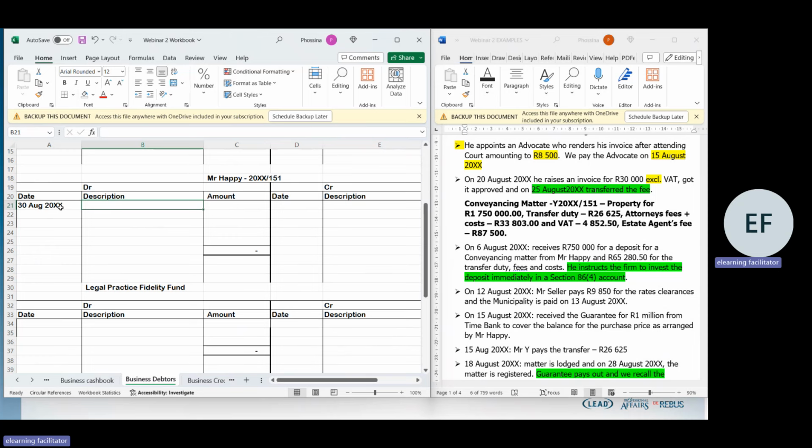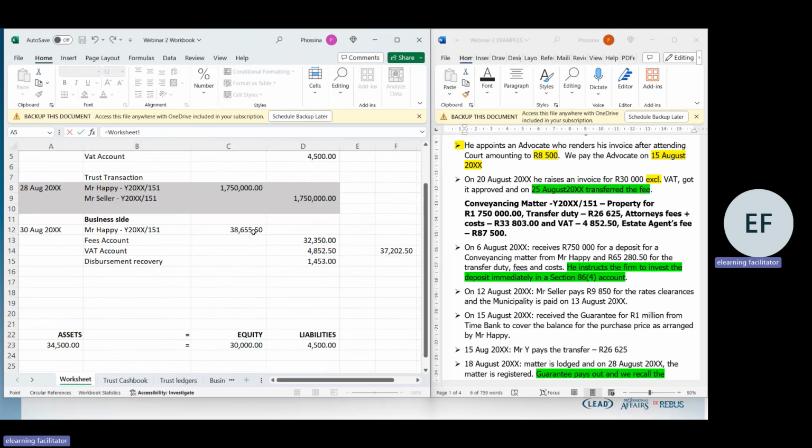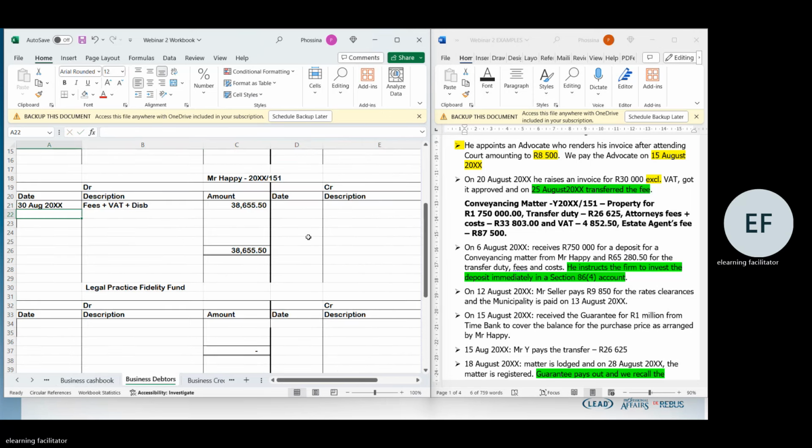The description is fees, VAT plus disbursements. How much is it? Let's pick it from our worksheet, which is this amount, 38,655.50. So this is for Mr. Happy.